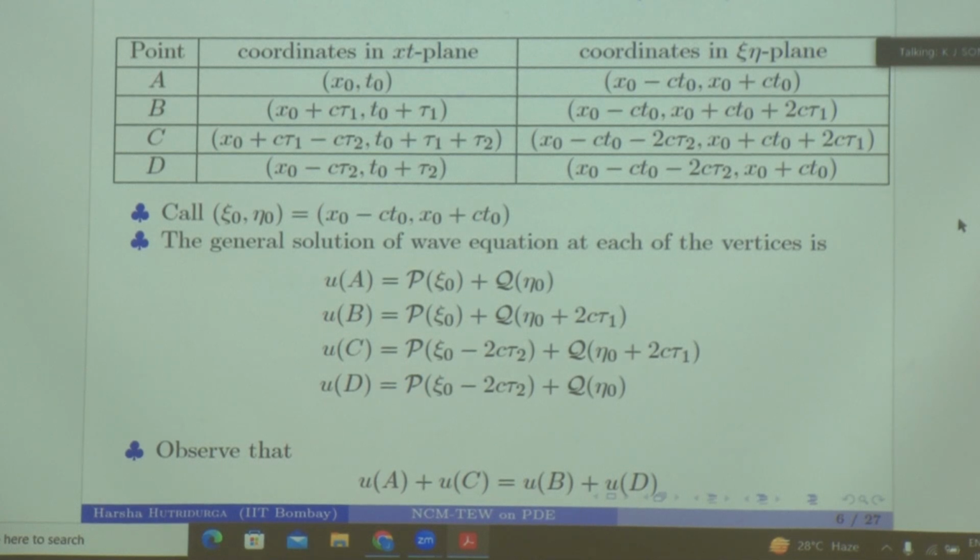You can write any characteristic parallelogram in the xt plane and you go to its vertices, you simply add the values of u at those two opposite vertices, and they will match. The sum matches.